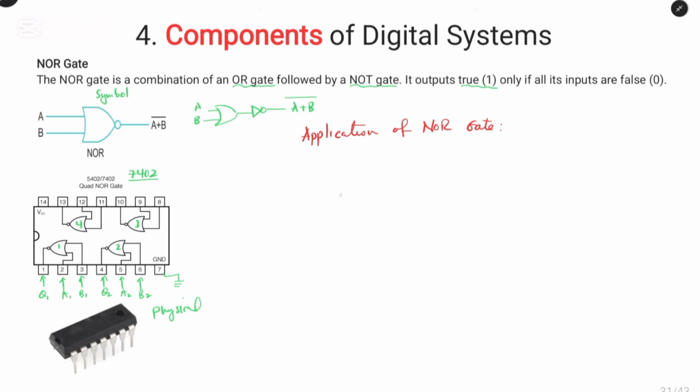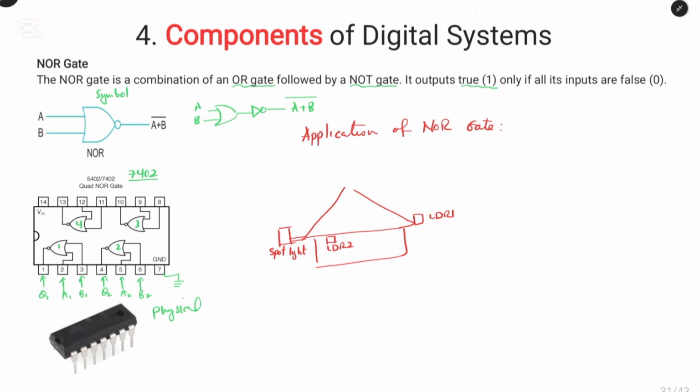Imagine you have a house, and you have a light dependent resistor connected outside, and you have another light dependent resistor inside the house. And outside the house you have a spotlight.